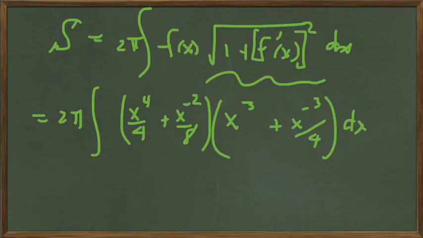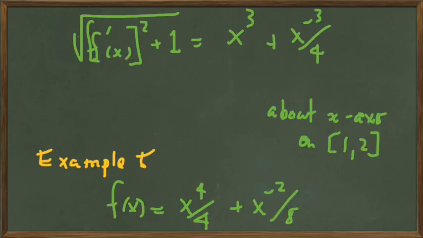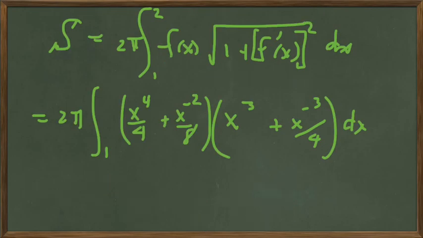So the 1 plus f prime of x squared square root, remember it, oops, I had a mistake here, hold on a second. No, that's right, we're going to use this, and so the 1 plus f prime of x squared square root is the same as we had before. The f of x, we're just plugging in the function. The 2 pi is out front.